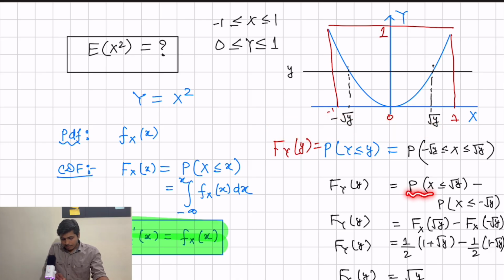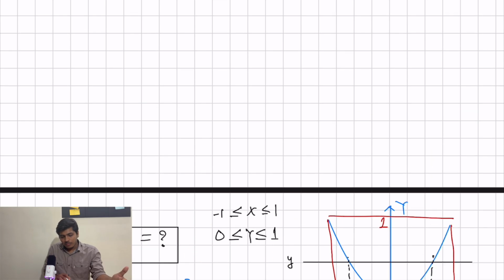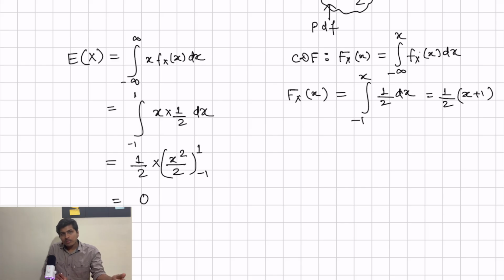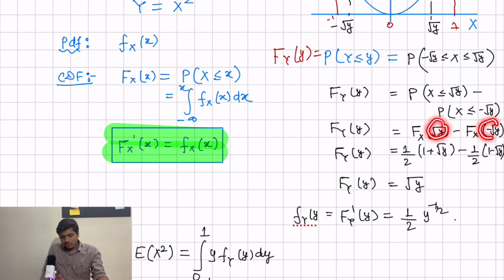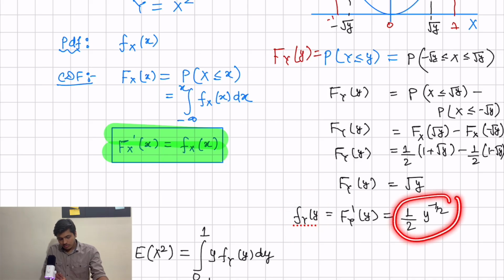Now, the probability of x less than root y is the CDF of x, and the CDF of x at a point is 1 by 2 times 1 plus x. Here there is root y and minus root y in place of x, so we put 1 by 2 into 1 plus root y minus 1 by 2 into 1 minus root y, which will be equal to root y. Differentiating this CDF, we will get the PDF of y, which will be equal to 1 by 2 times y raised to minus half.